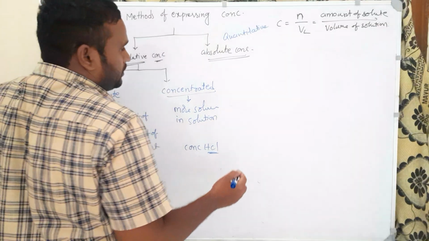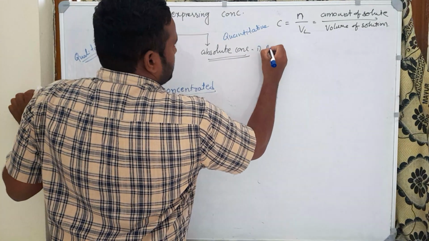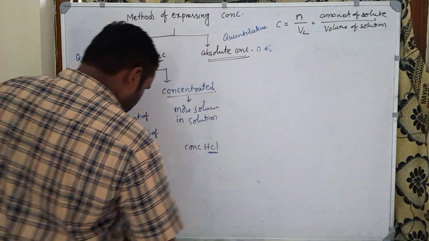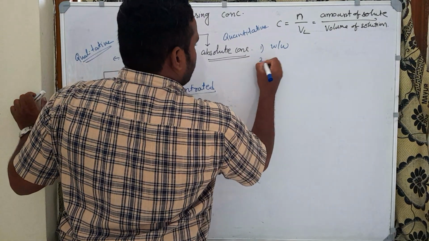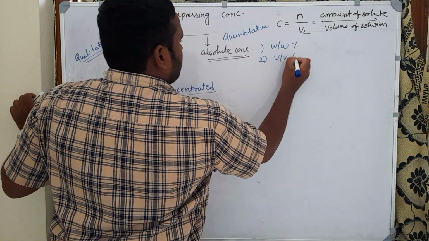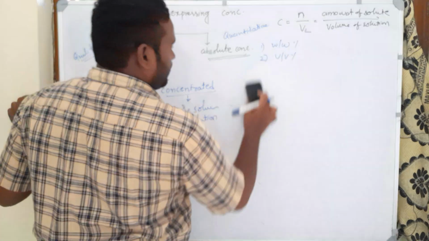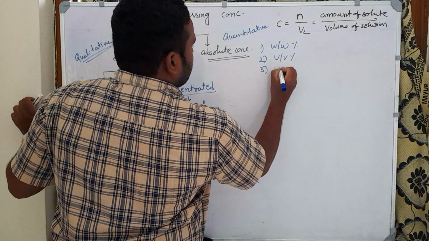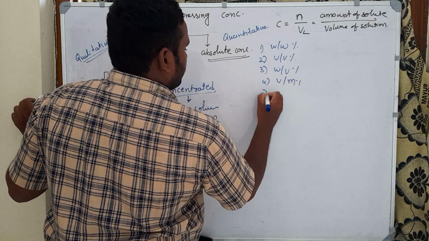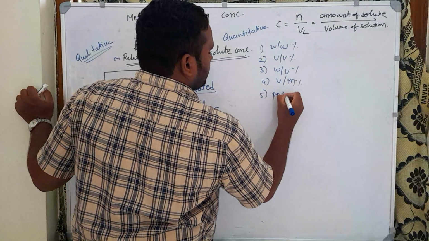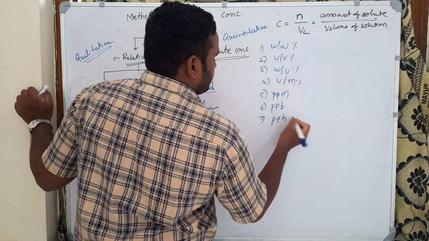Next, the absolute methods. There are several methods. The first one is mass percentage, second is volume percentage, third is mass-volume percentage, fourth is volume-mass percentage, fifth is ppm, sixth is ppb, and then pph.